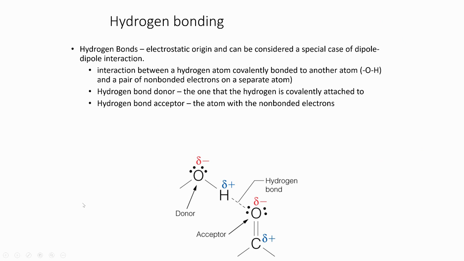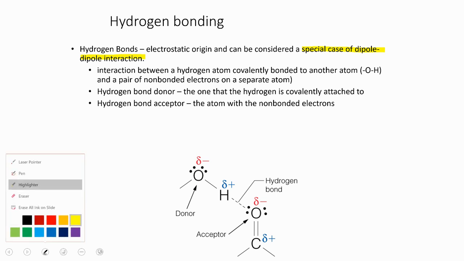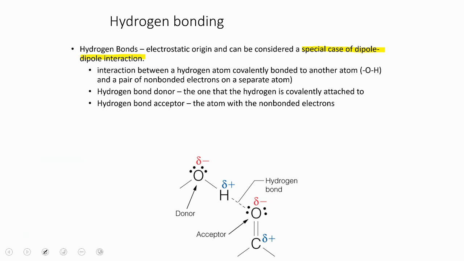Okay, water is a great example of hydrogen bonding. Hydrogen bonding is a special case of dipole to dipole interaction. And let's talk about what's so special about water.